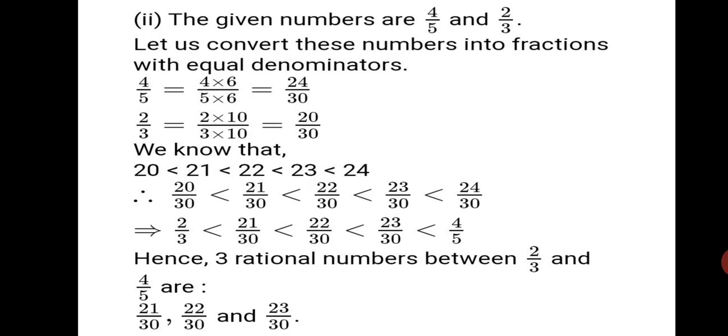Okay. 20 upon 30 we have shown is equal to 2 upon 3. So instead of 20 upon 30 we wrote 2 upon 3. Instead of 24 upon 30 we wrote 4 upon 5. And between them there are 3 answers. Those are our rational numbers between 2 upon 3 and 4 upon 5.